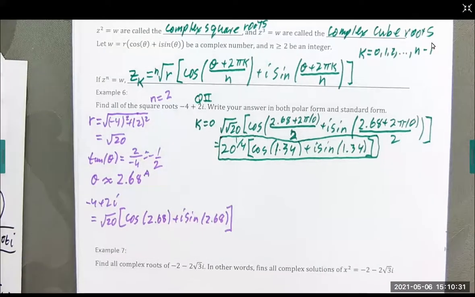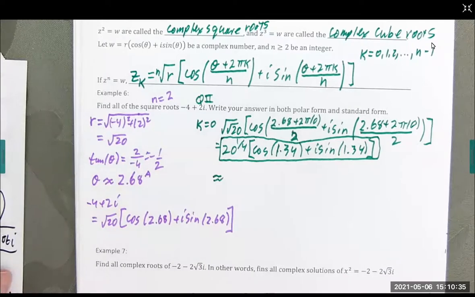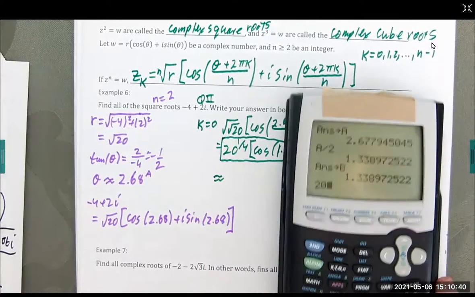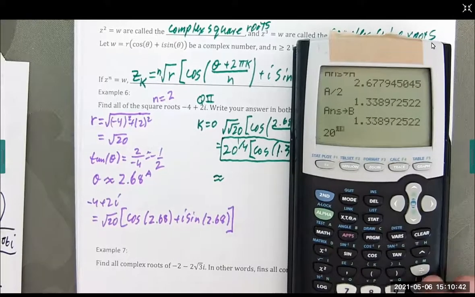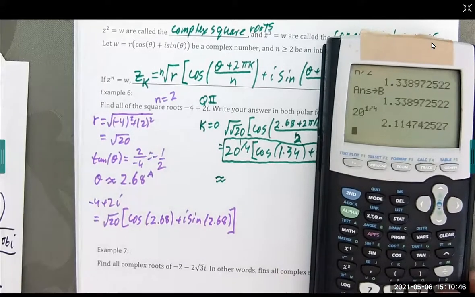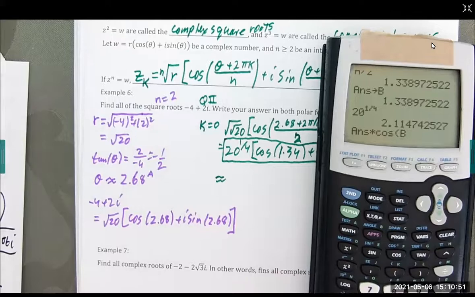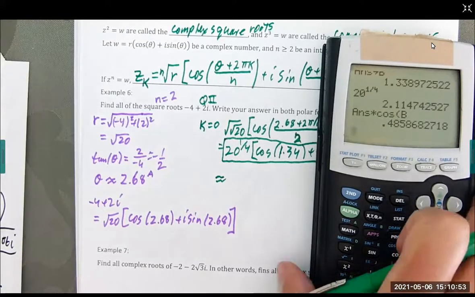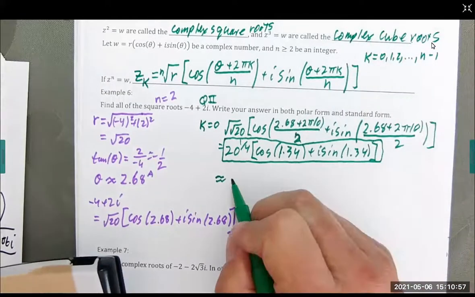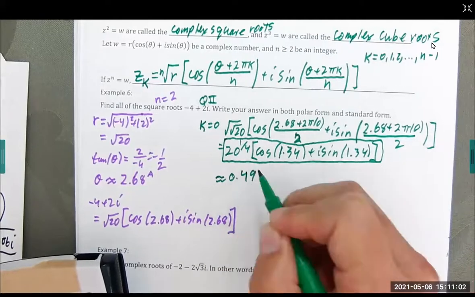I'm going to convert this now into standard form. So I'm going to go 20 raised to the 1/4 power times the cosine of B. There we have it. This is 0.49, we'll say.